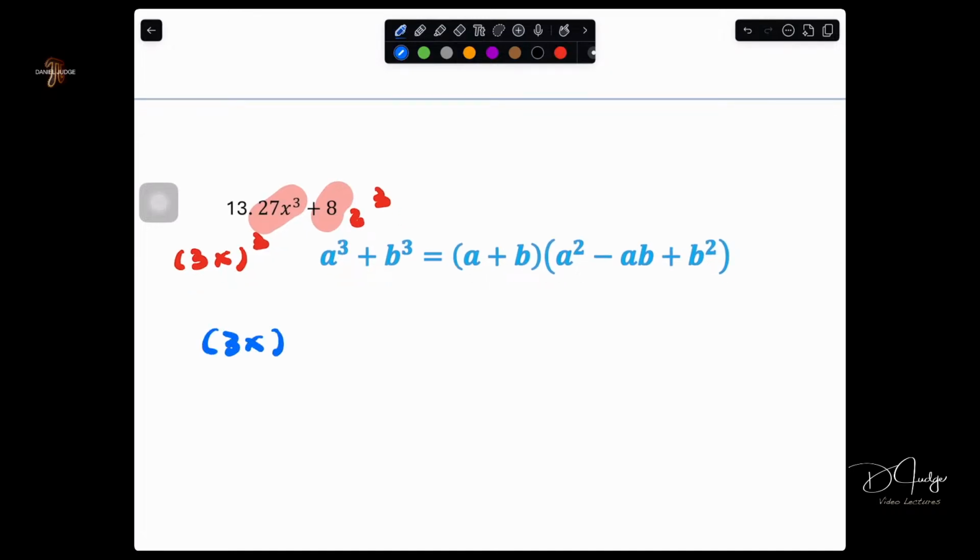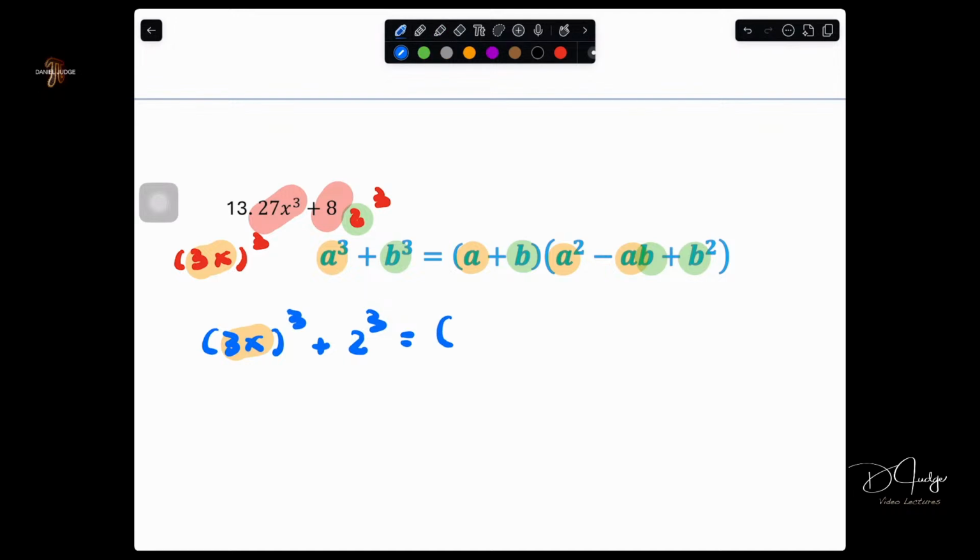So 3x to the third power plus 2 to the third power becomes, again, a gets used and replaced here with the values you see, meaning a is 3x, and then b is 2.